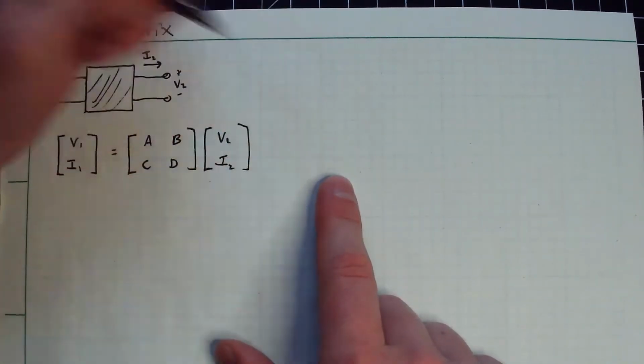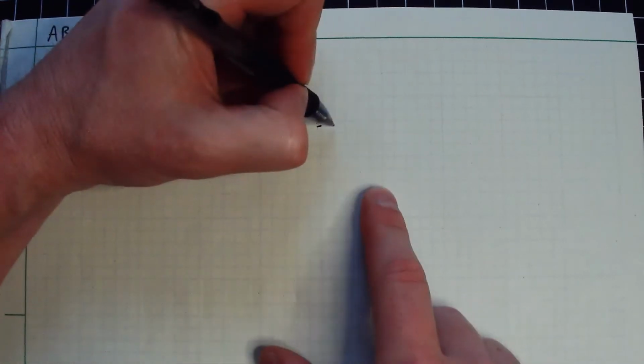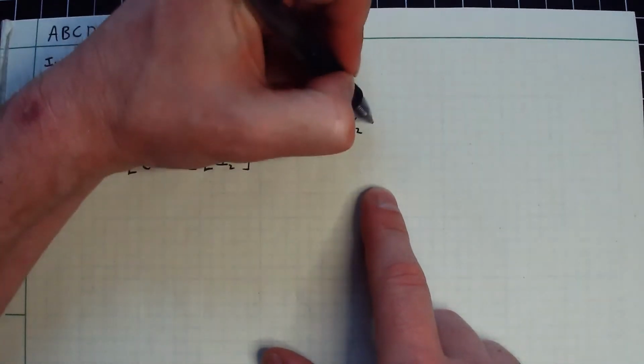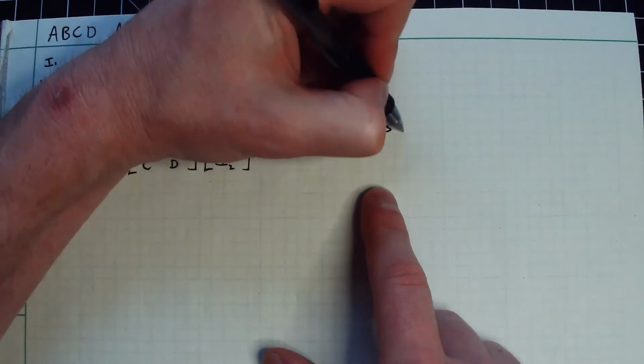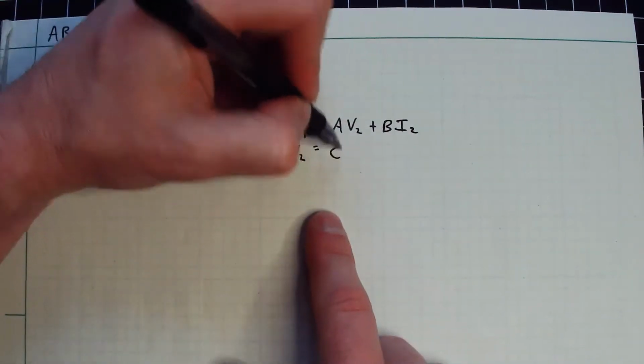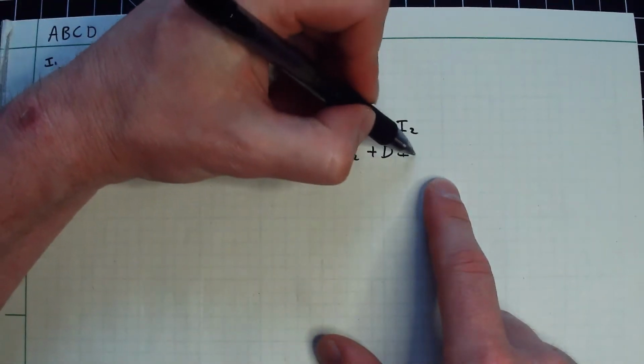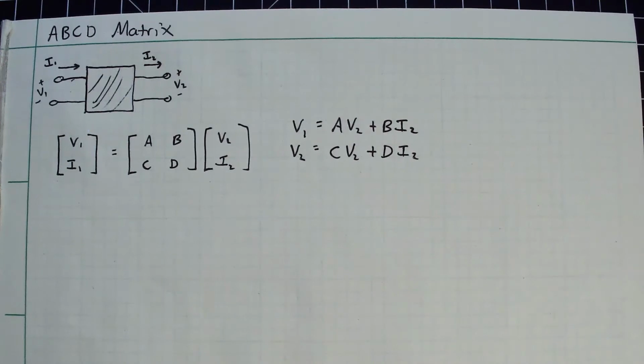Or you can also think of it as a system of linear equations, where I would say V1 is equal to A V2 plus B I2, and then I1 is equal to C V2 plus D I2.